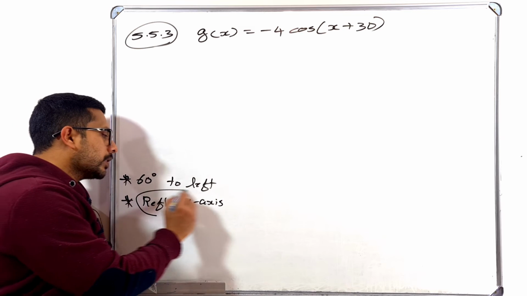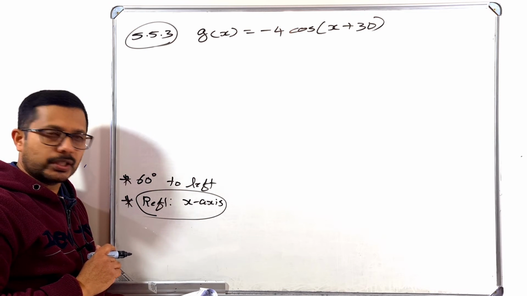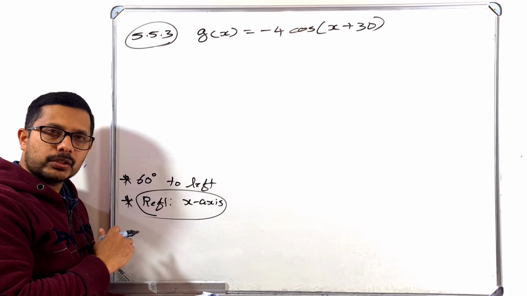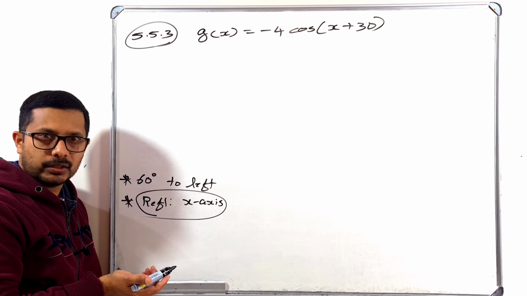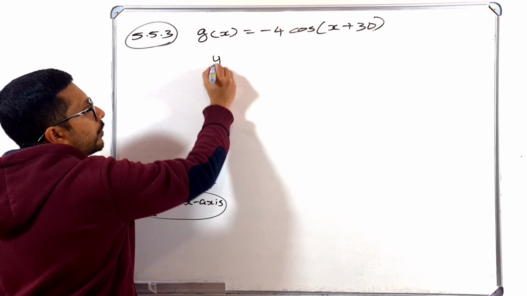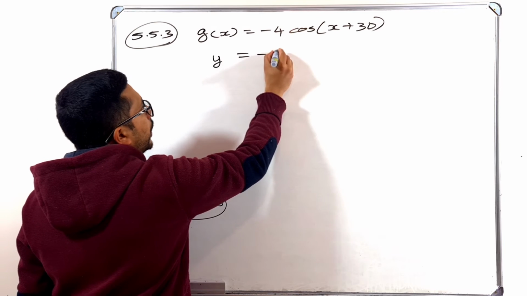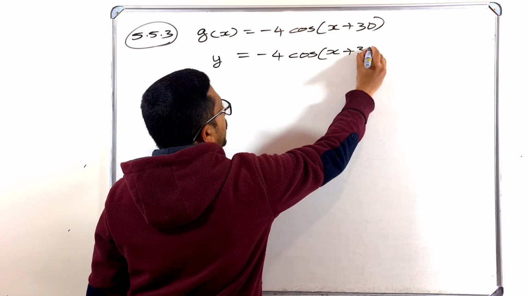If it is reflection based on the x-axis, what you studied in graphs and functions, if a graph is reflected based on the x-axis, you are supposed to change the sign of y. Am I right? Okay, let me write this. G of x is the same as y. y is equal to -4 cos x plus 30.